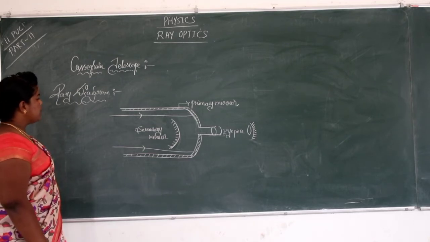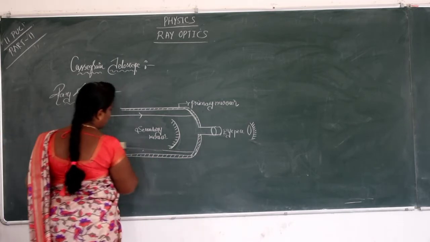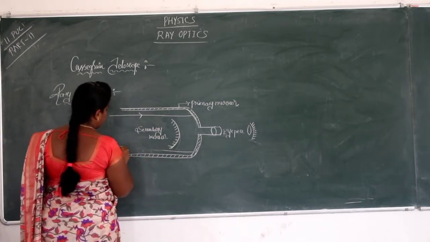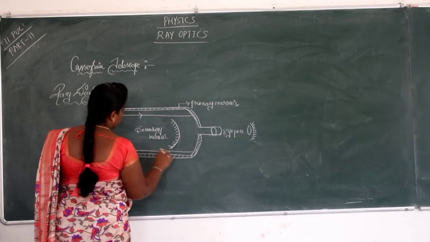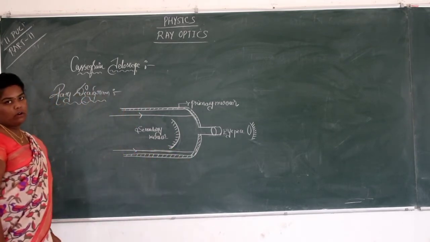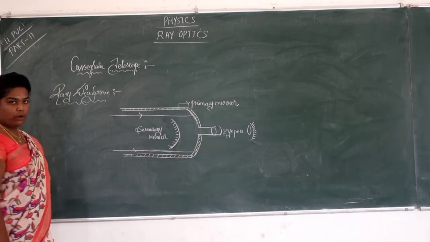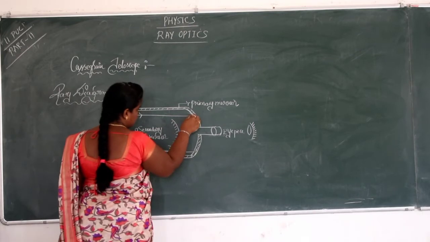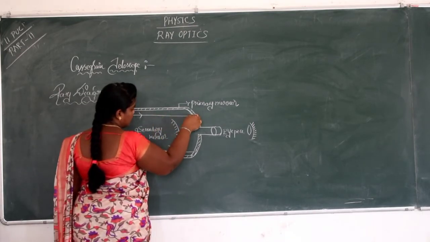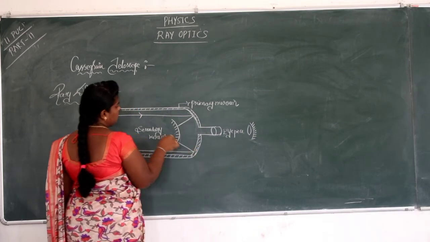When the parallel beam falls on the concave mirror, you know that it converges at the principal focus.